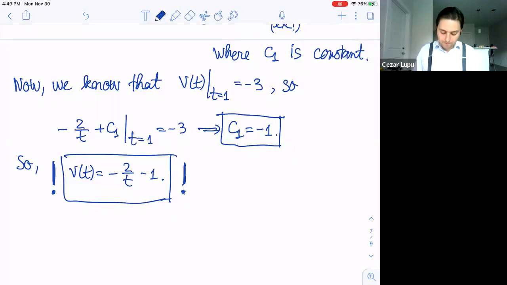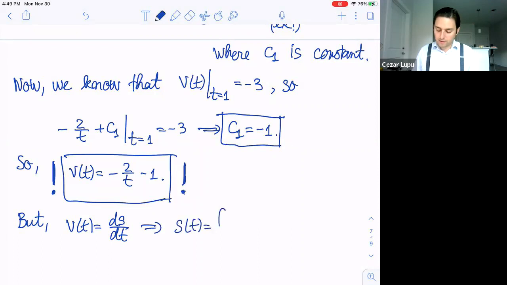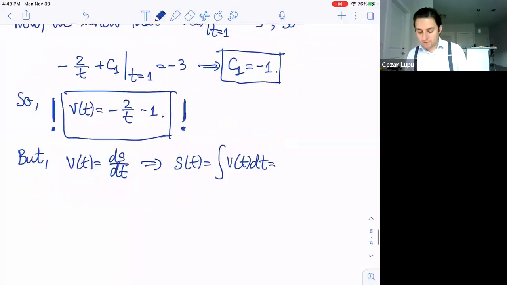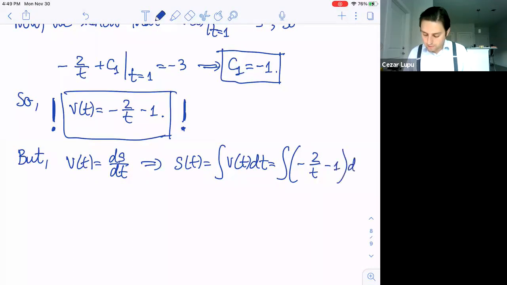But now, we know that v of t is nothing else than the derivative, ds over dt. So it follows that s of t will be nothing else than the antiderivative of v, which is the integral of v of t dt, and this will give us the integral of negative 2 over t minus 1 dt.